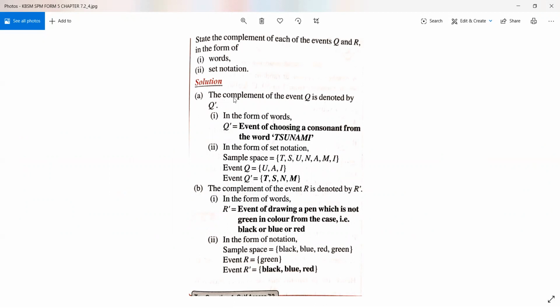Let's see Q first. The complement of the event Q is denoted by Q prime. In the form of words, Q prime is the event of choosing a consonant of the word tsunami. Why is it a consonant?